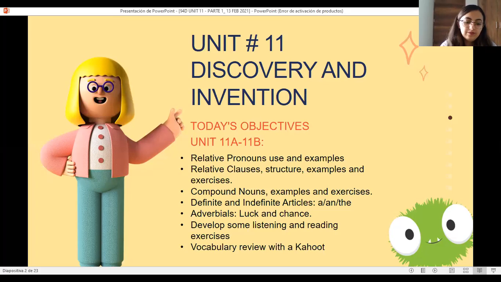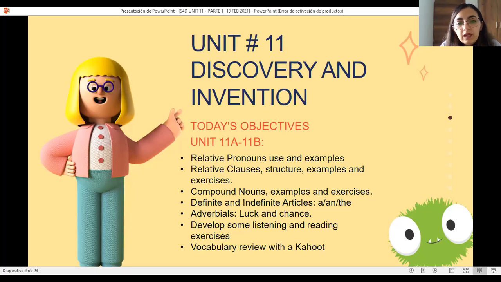Before that, we will be talking a little bit of compound nouns. I will give you some examples and we will make some exercises as well. And then we're going to also talk about some definite and indefinite articles, the articles you have been using since first level, which are a, an, and the. And finally, we will discover a little bit of these adverbs of luck and chance, some words related with luck and chance, okay?